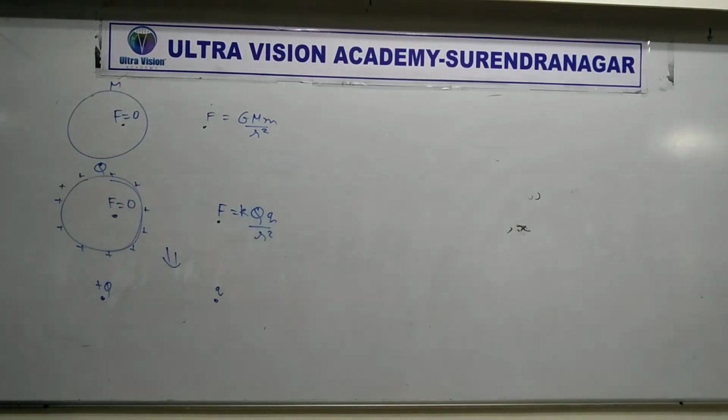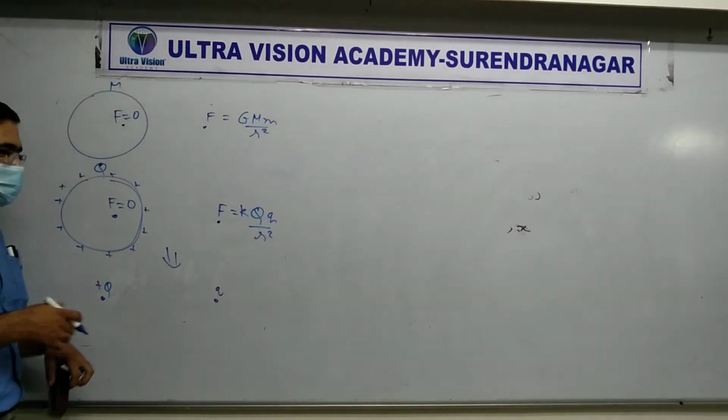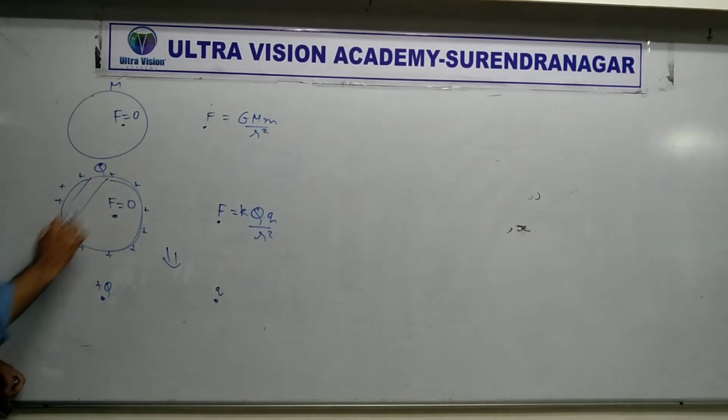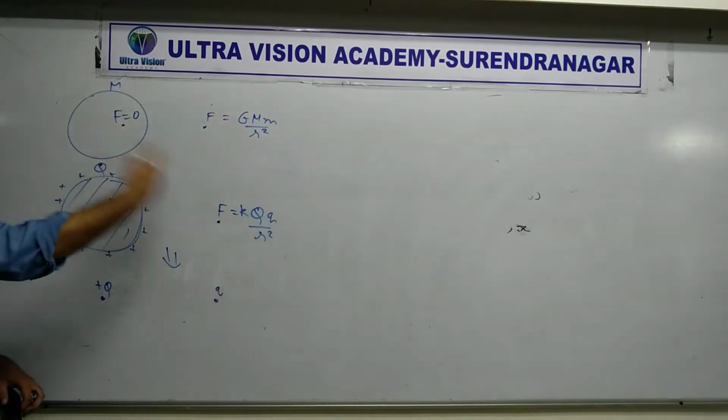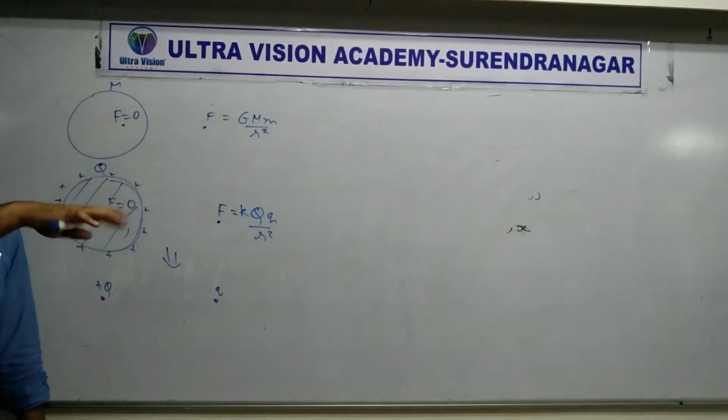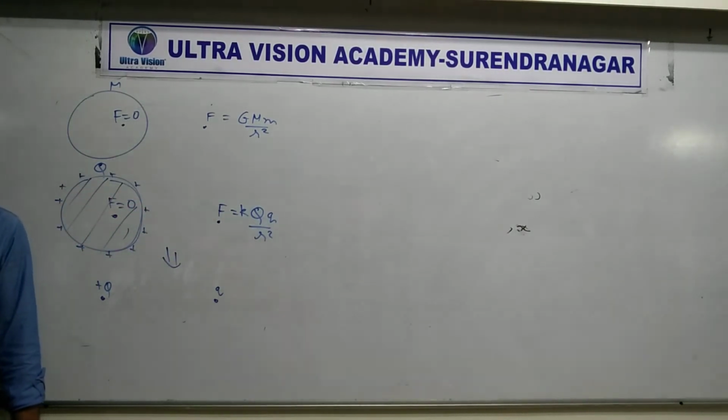Got this? Yes or no? Same as that. In fact, in gravity, later on we also understood that even if it's a solid sphere, then also for outside you can always assume that all the mass is concentrated at the center. Correct? Okay, hopefully you remember gravity.